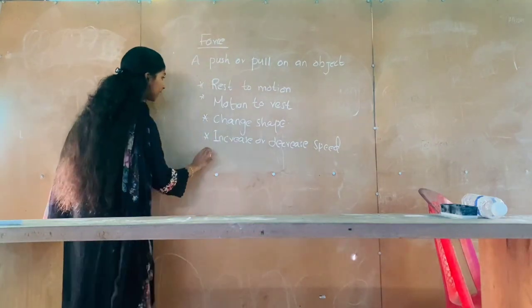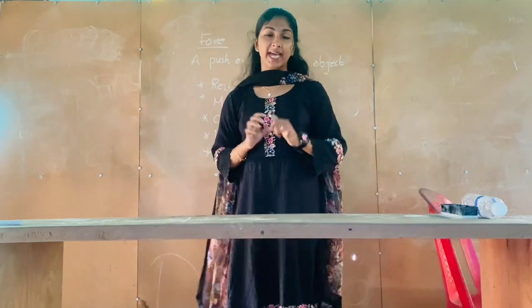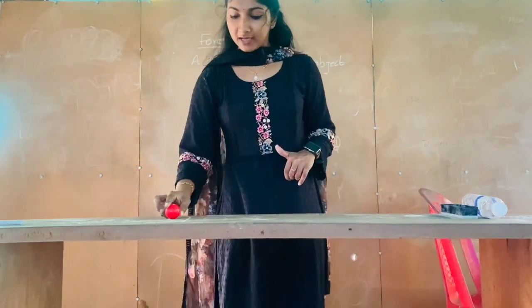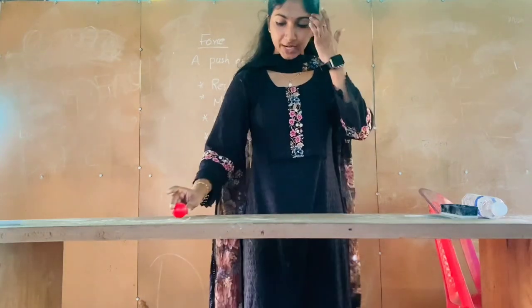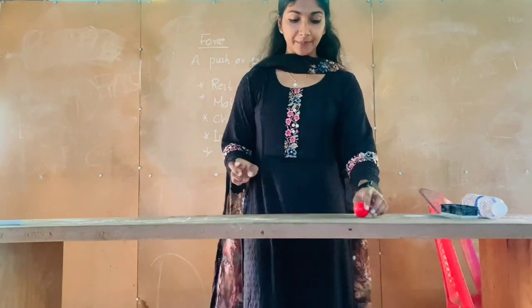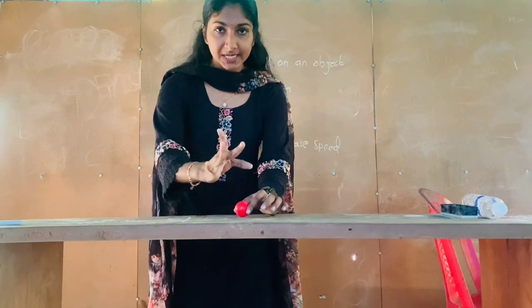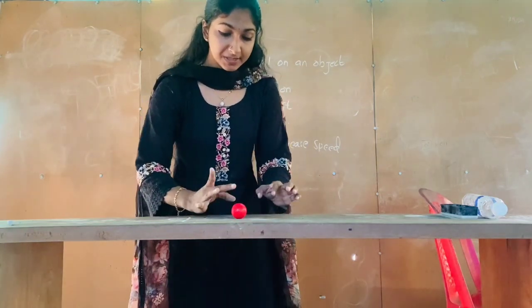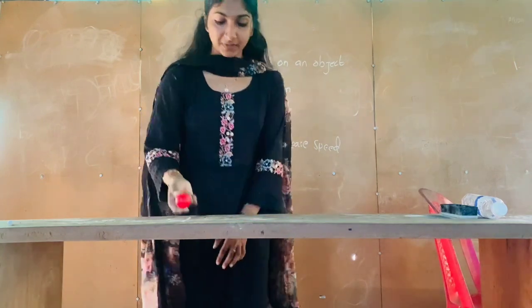The last one is, we can change the direction of an object on the application of force. If this ball is moving in a straight line, and if I apply a force in this direction, we can change the direction of the ball.